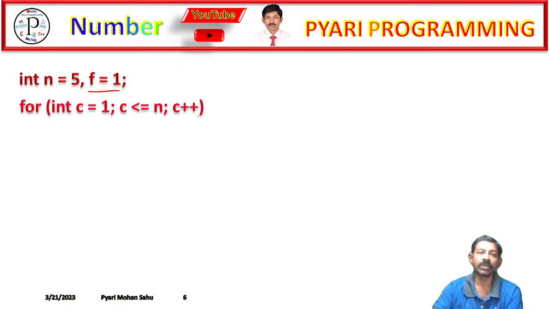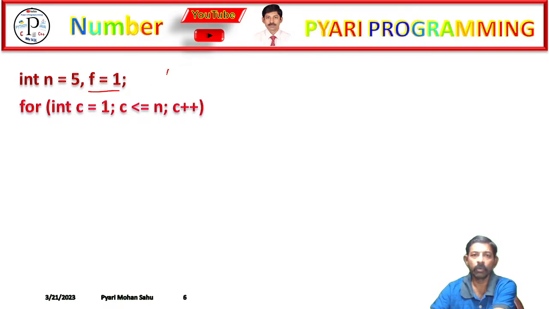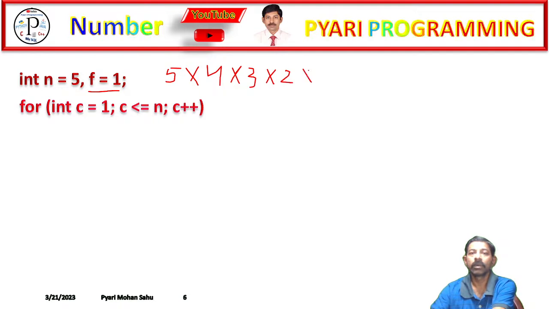Now my loop will start from 1 and will move up to 5. The reason behind it is, when I want to find out the factorial of 5, that means I have to make a product of 5 into 4 into 3 into 2 into 1.